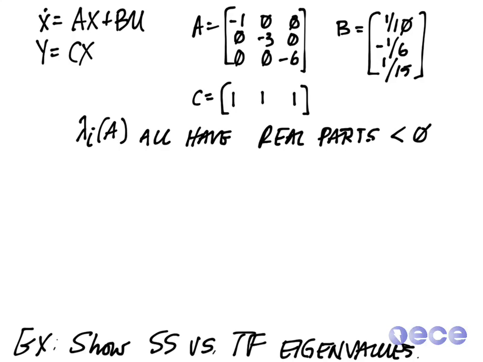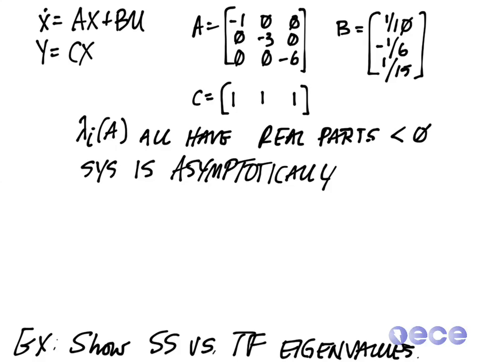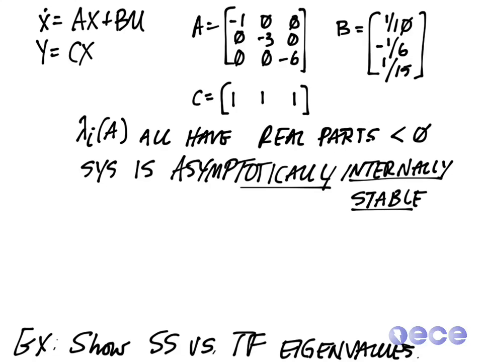So the system is asymptotically internally stable. So that's good news. But what is the transfer function of this system?